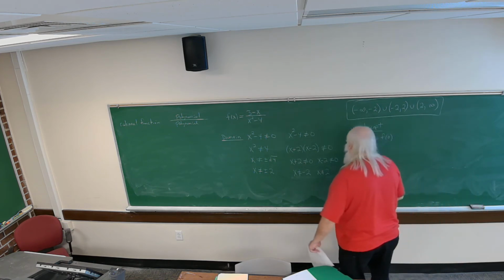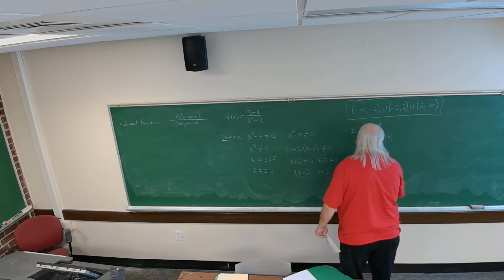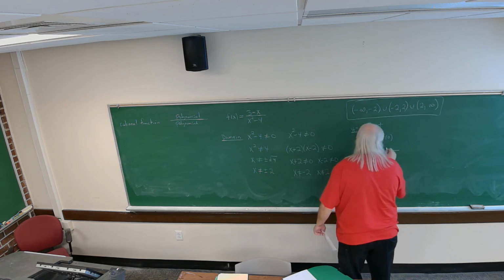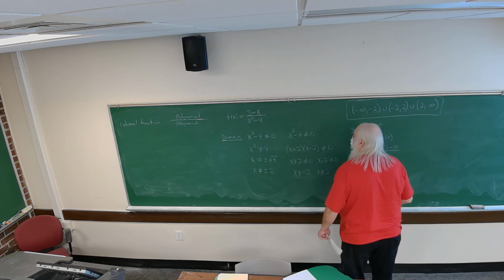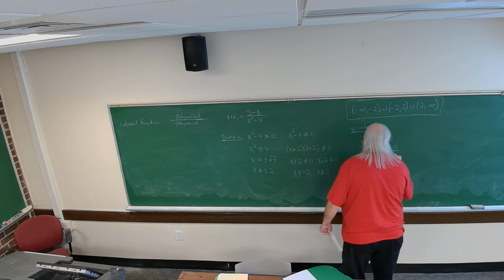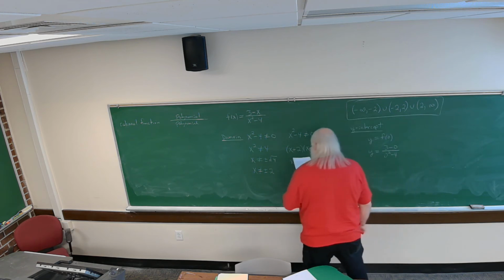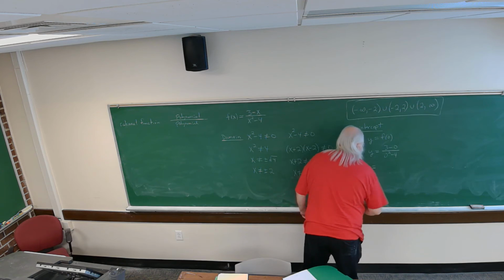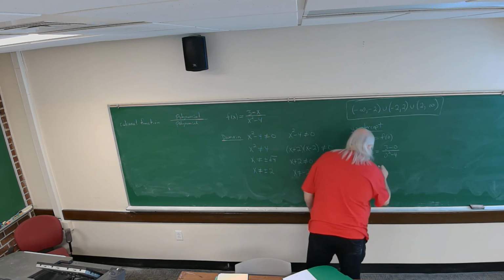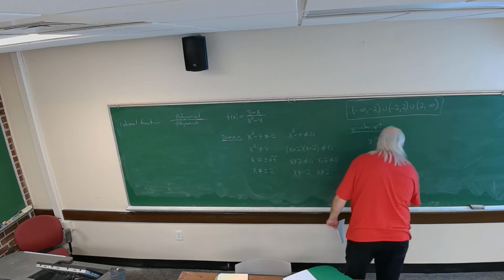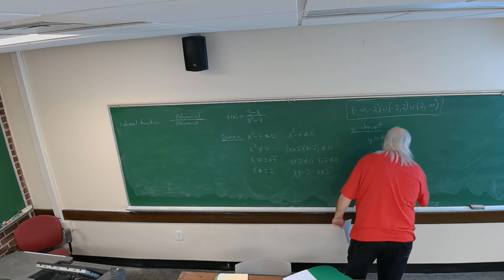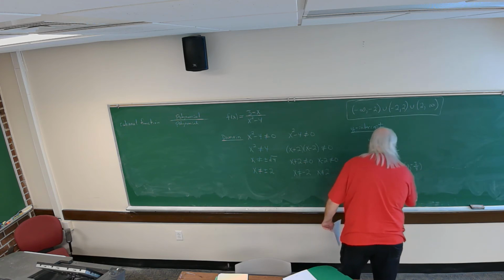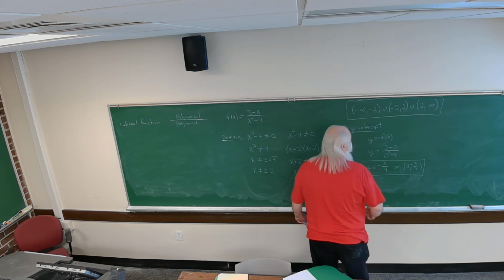So when we put in 0 for x on the right-hand side, we have 3 minus 0 over 0 squared minus 4, which is just equal to minus 3/4. So the point 0, minus 3/4, is the y-intercept for this problem.